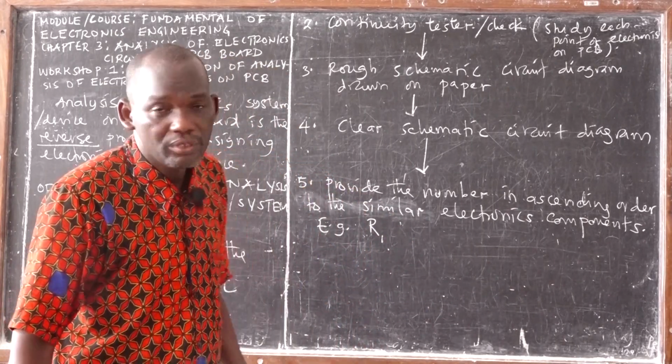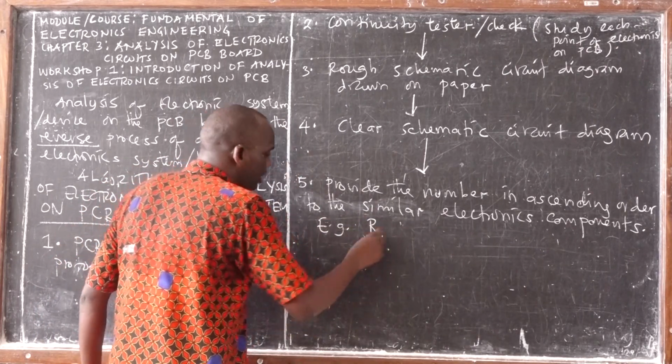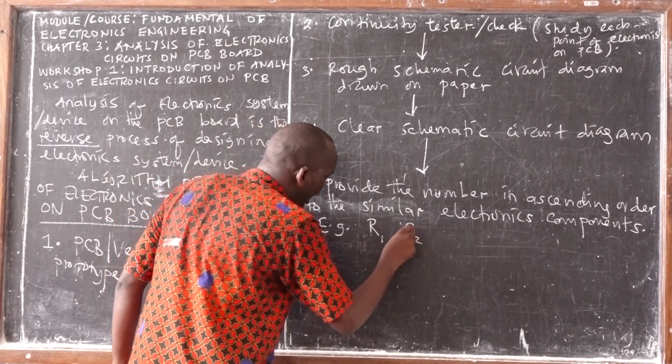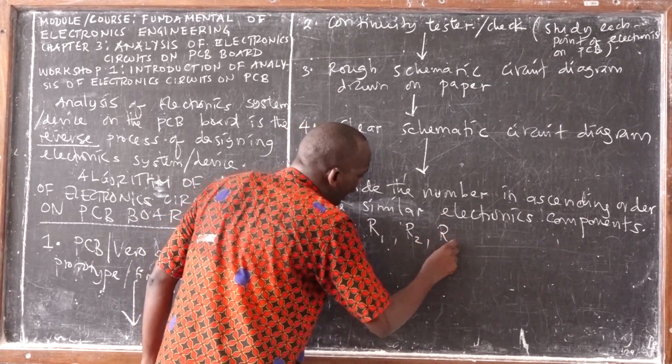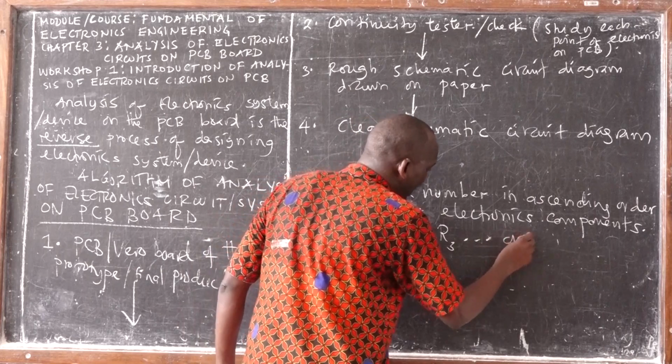Are we together? So, for instance, if within the circuit we have 3 resistors, you can have R1, R2, R3, etc. Or we can have what?